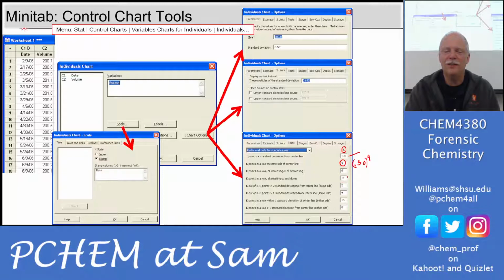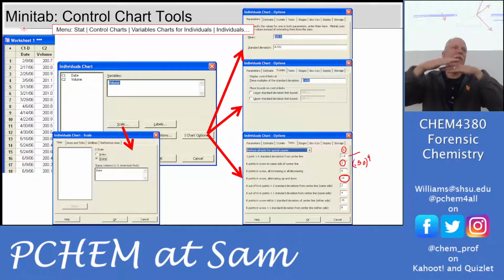Now, what could cause this one? This is a strange pattern. I would turn that one on if I was doing cal checks in the morning and afternoon, before and after lunch, because that would tell me if there was a significant difference between morning and afternoons, right? Up, down, up, down, up, down, 14 times in a row.